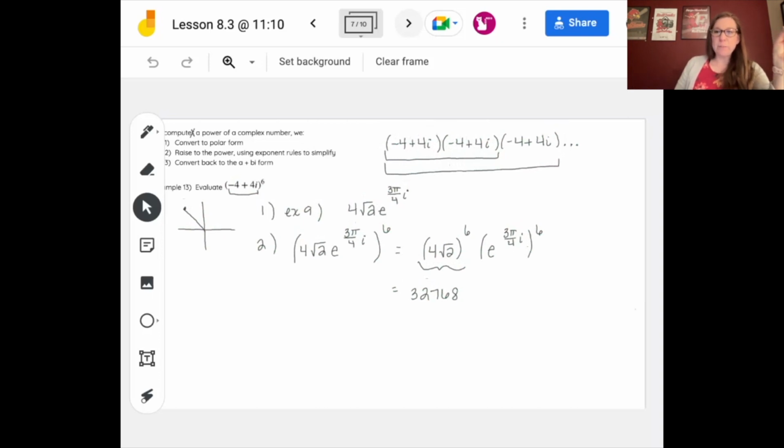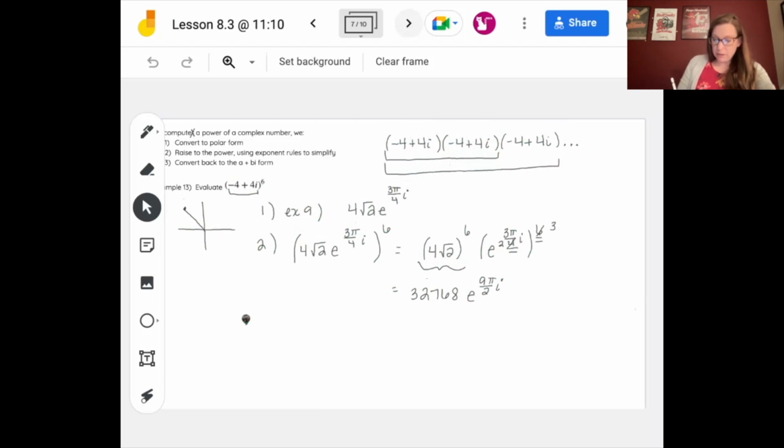Now let's look at the e portion. I have a power to a power. Recall that when we have a power to a power, we multiply those powers together. So I could actually simplify this, because 6 over 4 would be 3 over 2. So it reduces to 9 pi over 2. So I'll still have e to the power of 9 pi over 2i.